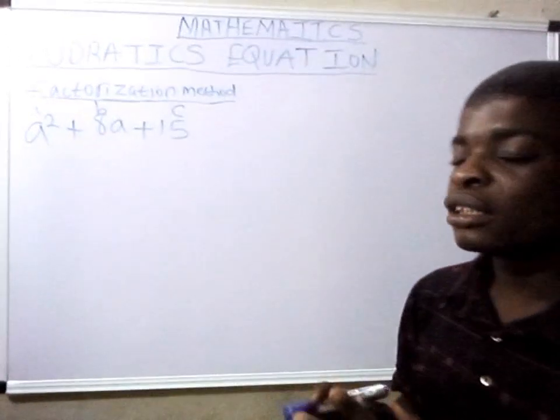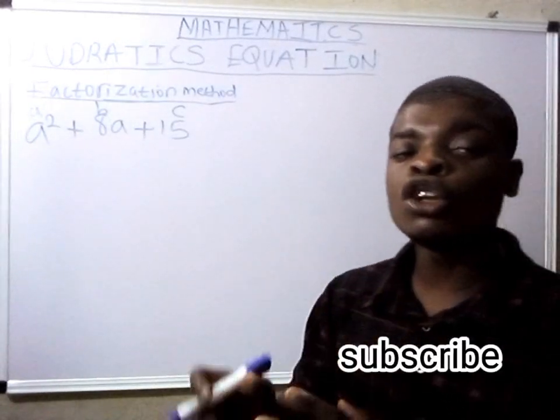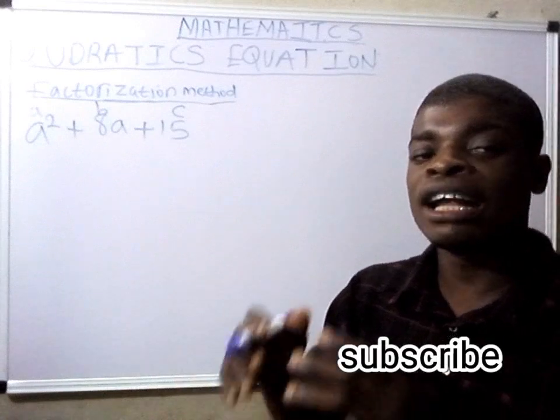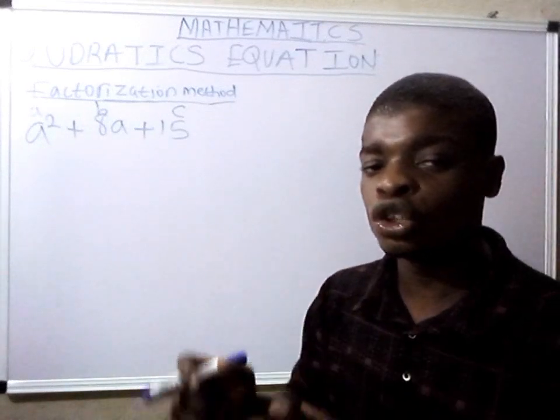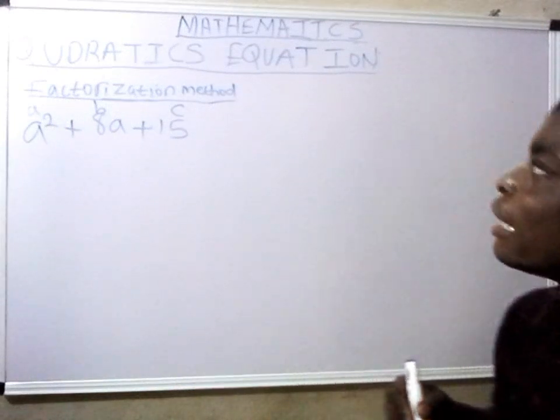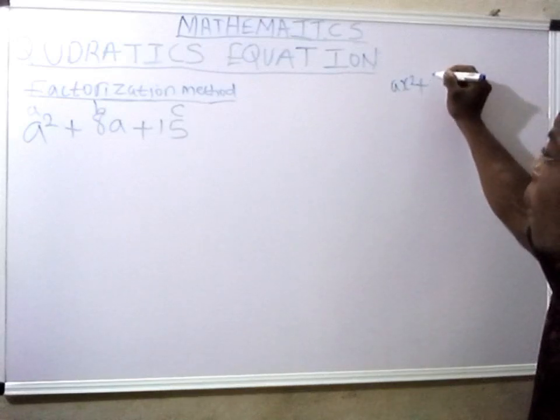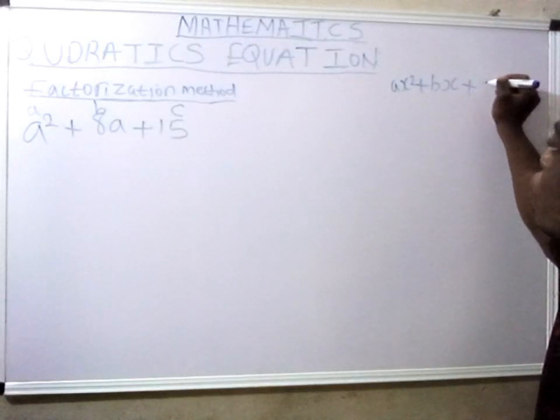And note that when you are given a question, you may find it difficult to identify a quadratic equation question. They are mostly given in this format: ax square plus bx plus c.